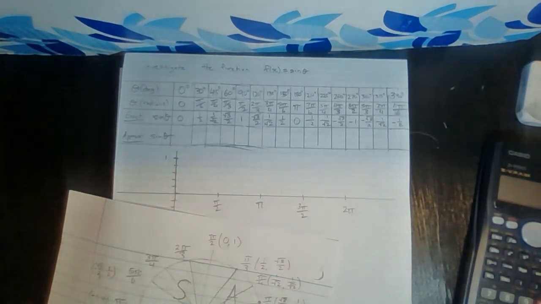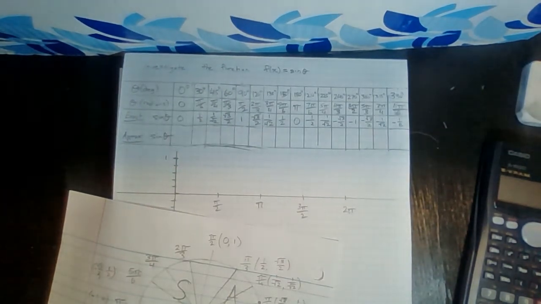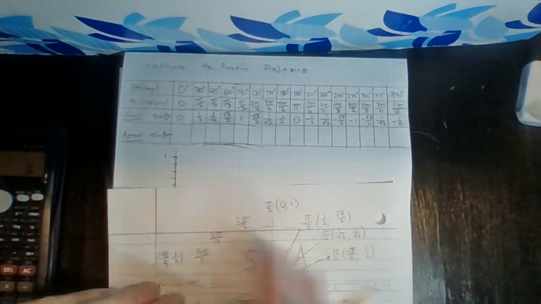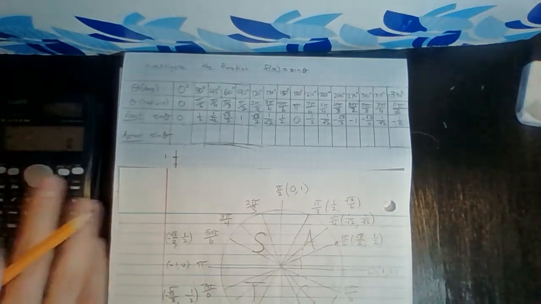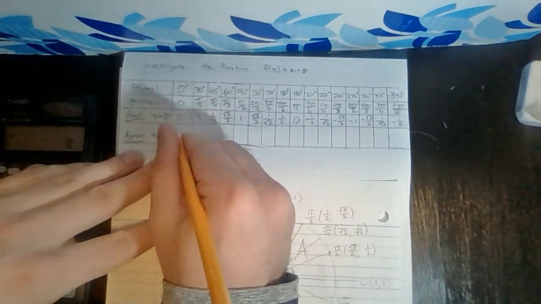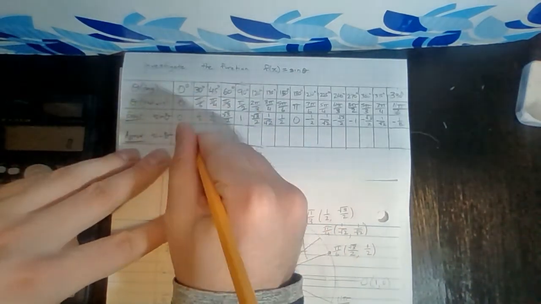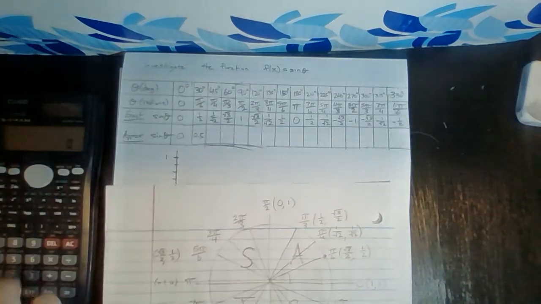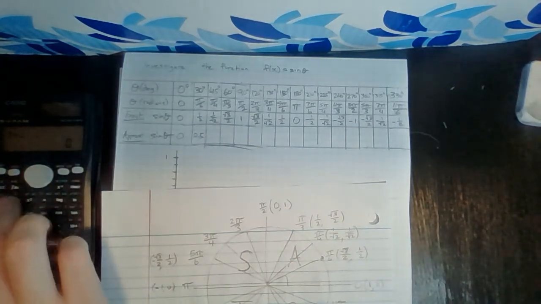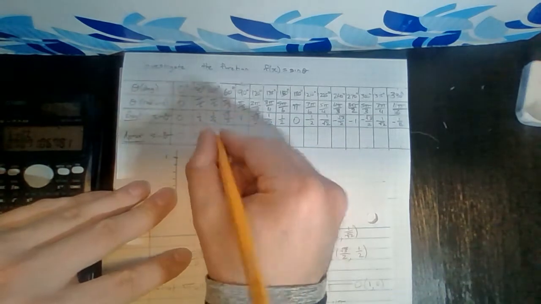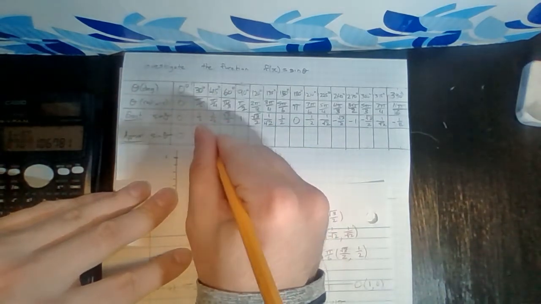So some of these are a little hard to graph. We have square roots. We don't really know exactly what that would be off the top of our head. So we're going to plug these into the calculator and get decimal values. 0, this is 0.5. 1 over root 2 is about 0.71.